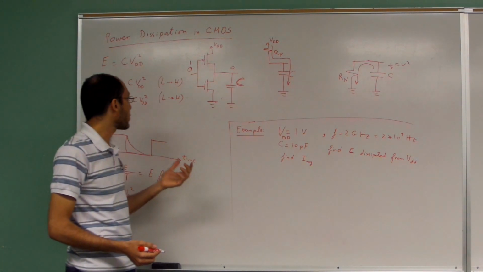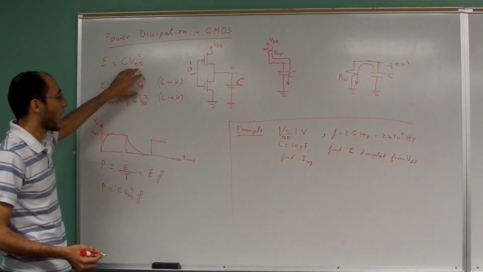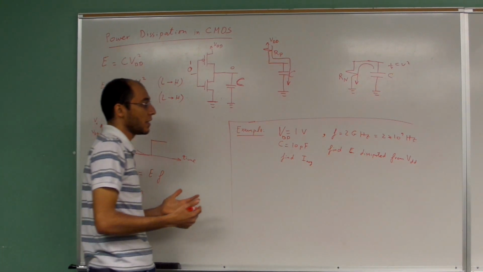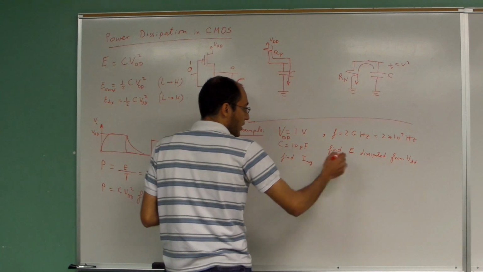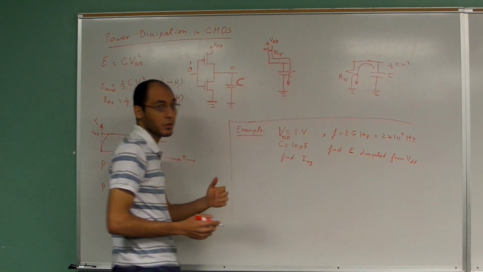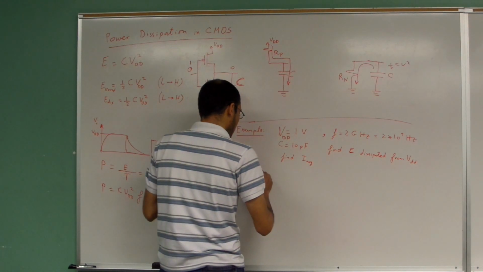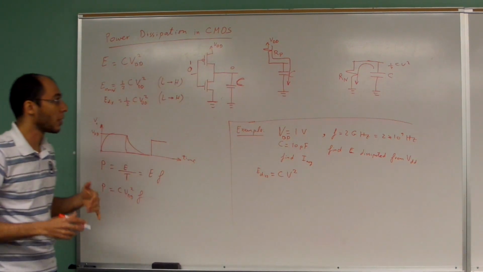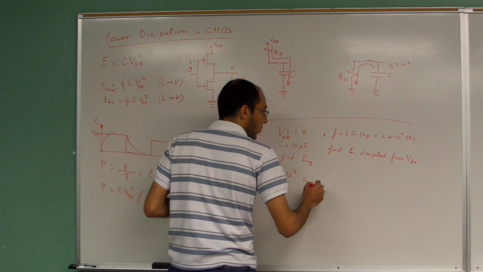Well, the energy of charging is half, and the energy of discharging is also half, which means that's the total energy that is charged and discharged. So the energy dissipated equals the energy charged plus the energy discharged, and that's why E dissipated equals CV squared. The total amount of energy is equal to C multiplied by V squared.